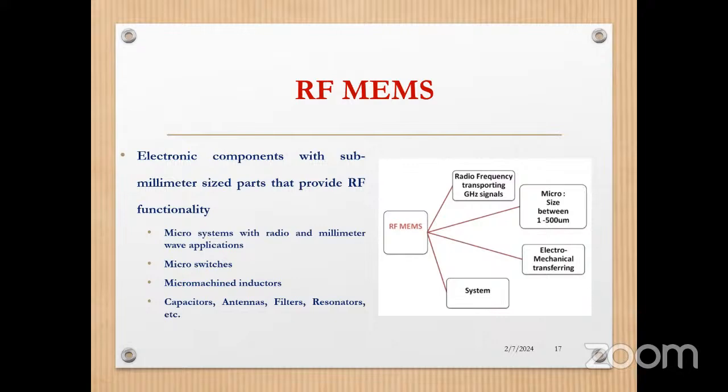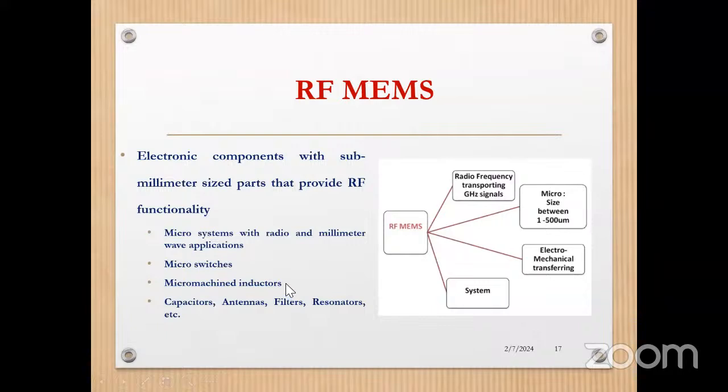When the frequency increases, the wavelength is going to reduce, and wavelength is nothing but the size of the component at RF frequency. The most commonly used devices are MEMS switches, inductors, capacitors, antennas, filters, resonators, etc.